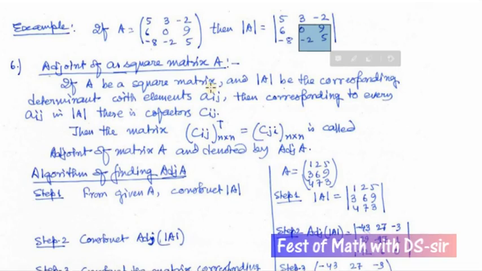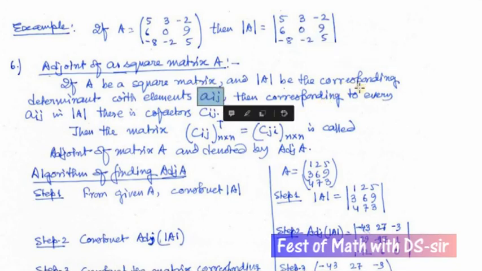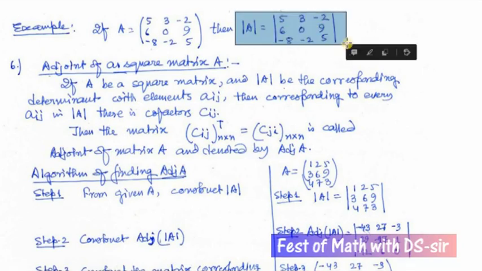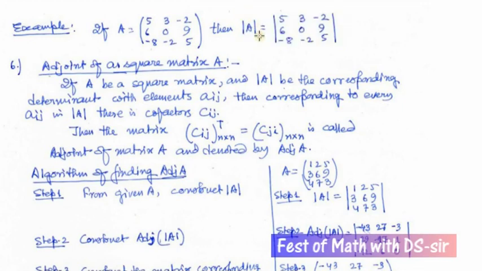So in the determinant with elements Aij, corresponding to every Aij in det A, there are cofactors Cij. So this element with its cofactor, this element with its cofactor, this element with its cofactor. That you have done in the chapter of determinants. So from this determinant, you can find the determinant by replacing every element by the corresponding cofactor. That is called the adjoint of the determinant.